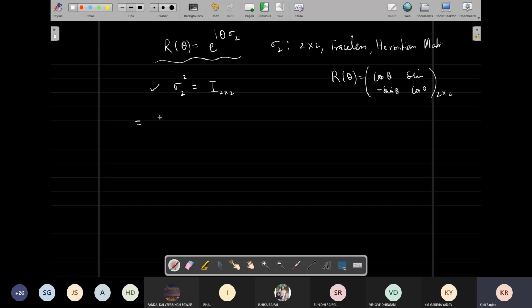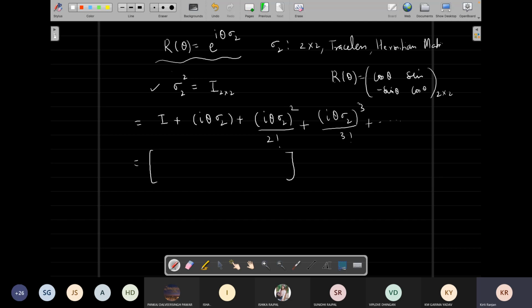So how can I expand it in terms of the series? I plus i theta sigma 2 plus (i theta sigma 2) square over 2 factorial plus (i theta sigma 2) cube over 3 factorial, and so on and so forth. You can always do that. And just collect the terms, even terms and odd terms.